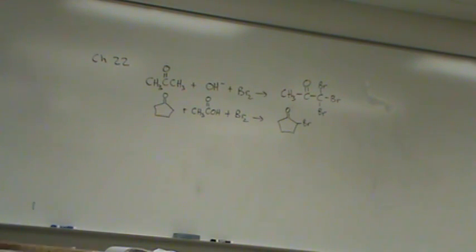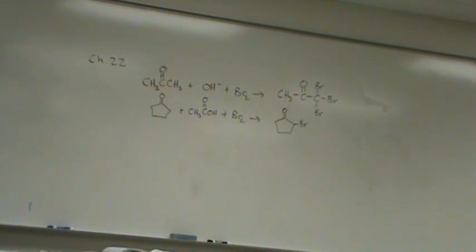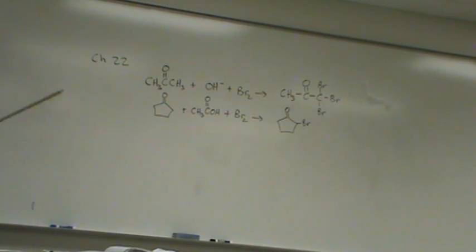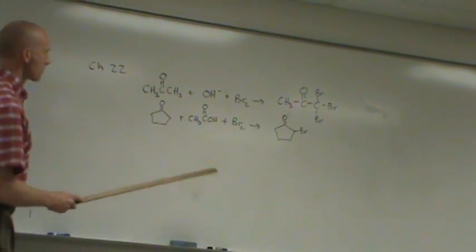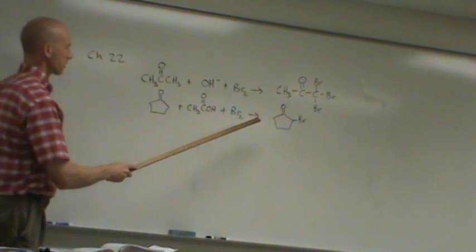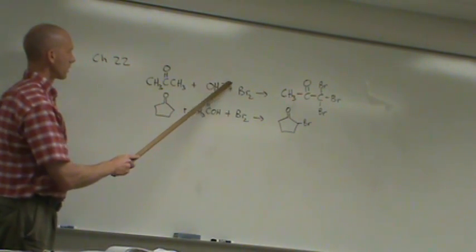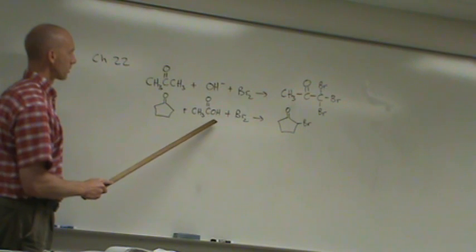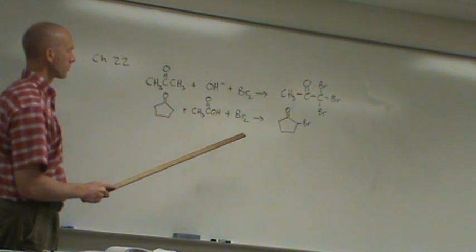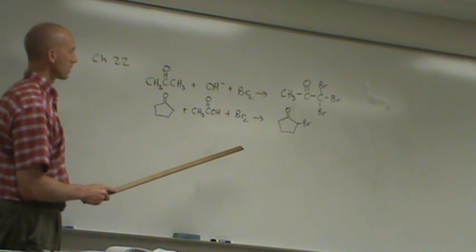How many of you got the top one? Anybody? A couple of them. Question? Yeah, so when we have an acid catalyst, we only get the monohalogenated product, but because we have two, we don't get two monohalogenated carbons.